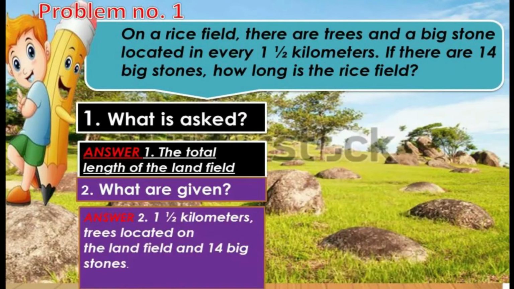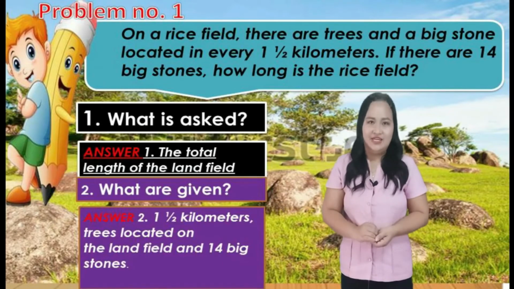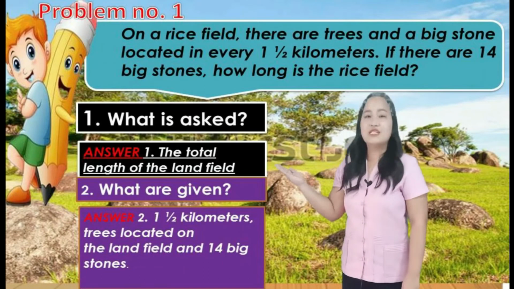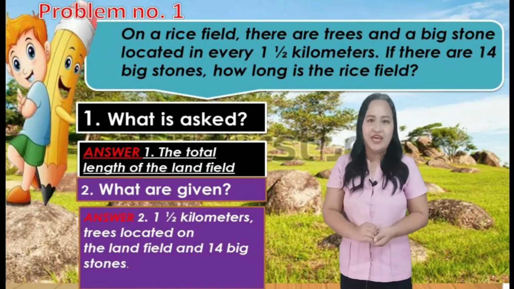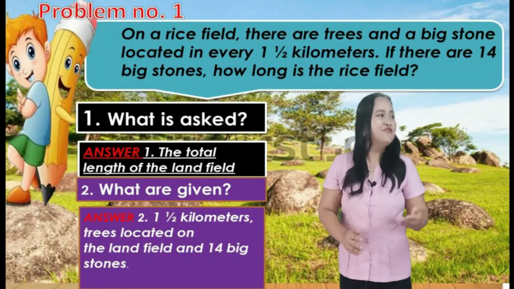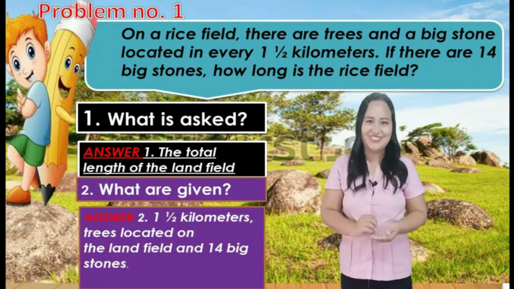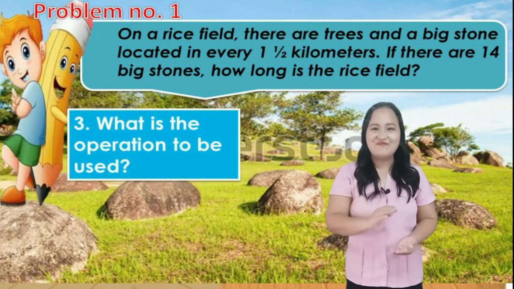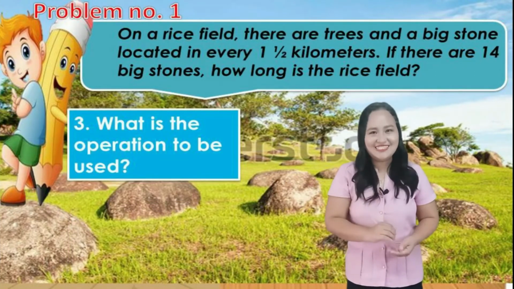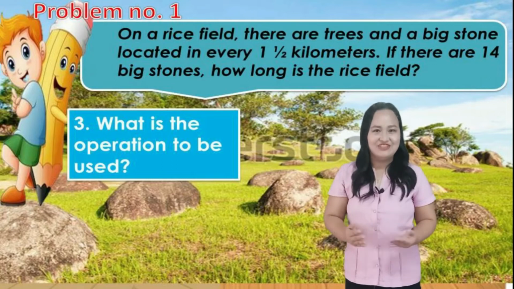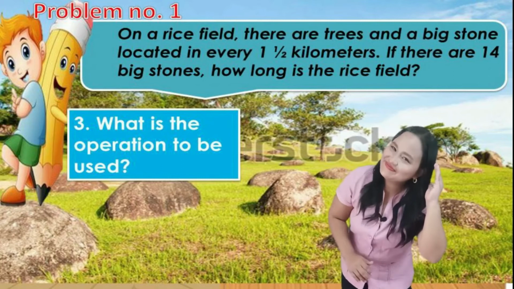Excellent! The answer is 1.5 kilometers located on the land field and 14 big stones. For question number 3, what is the operation in the problem? What is your answer?